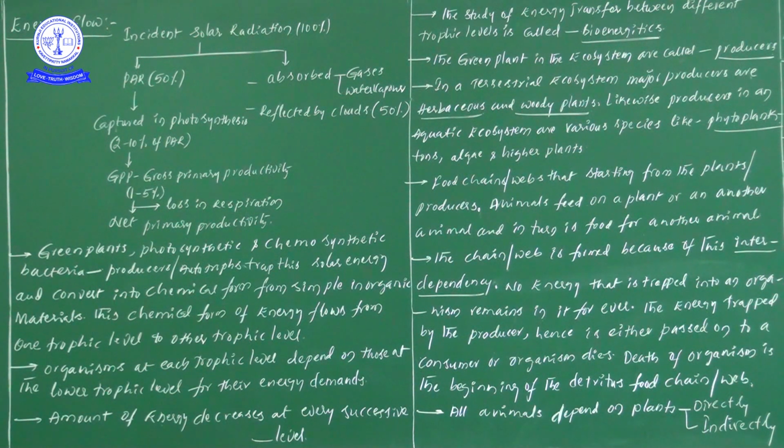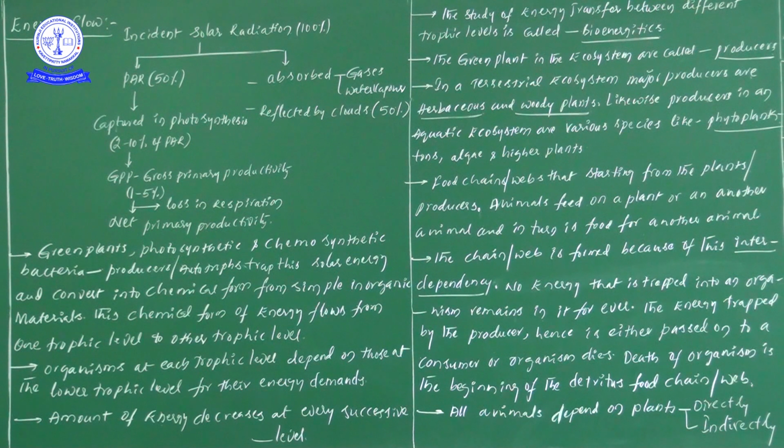These producers we call plants or autotrophs, and since these plants are present at the lower trophic level, energy flows from the lower trophic level to the other trophic levels only. So organisms at each trophic level depend on those at the lower trophic level for their energy demands.